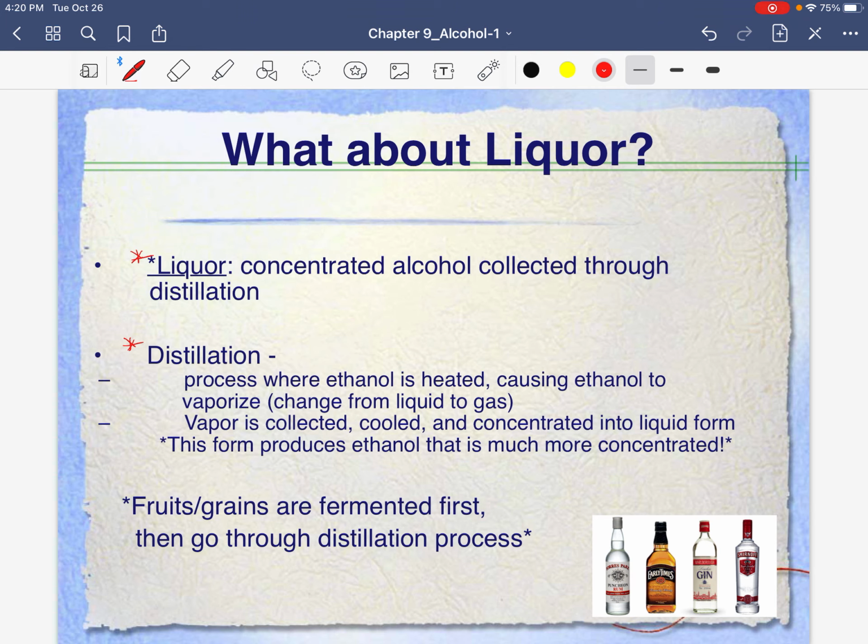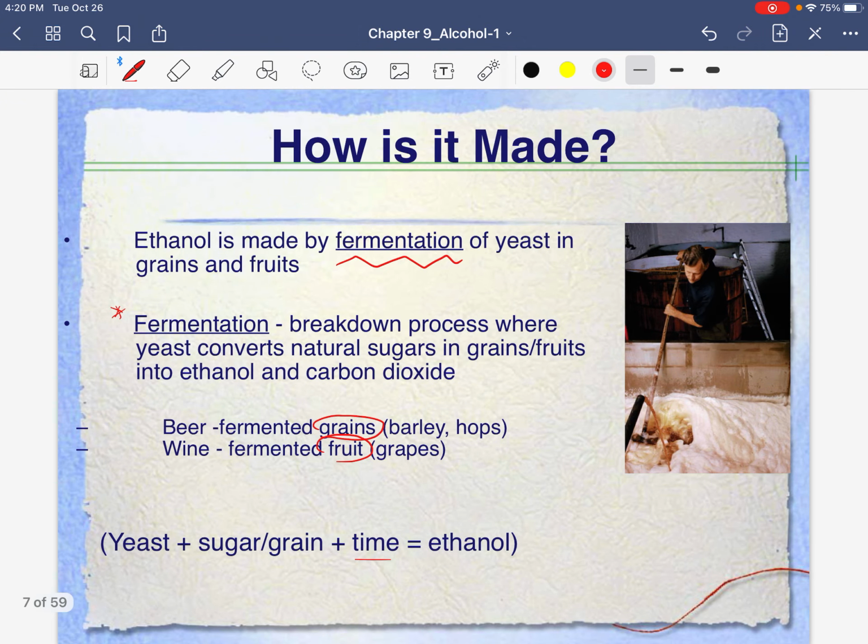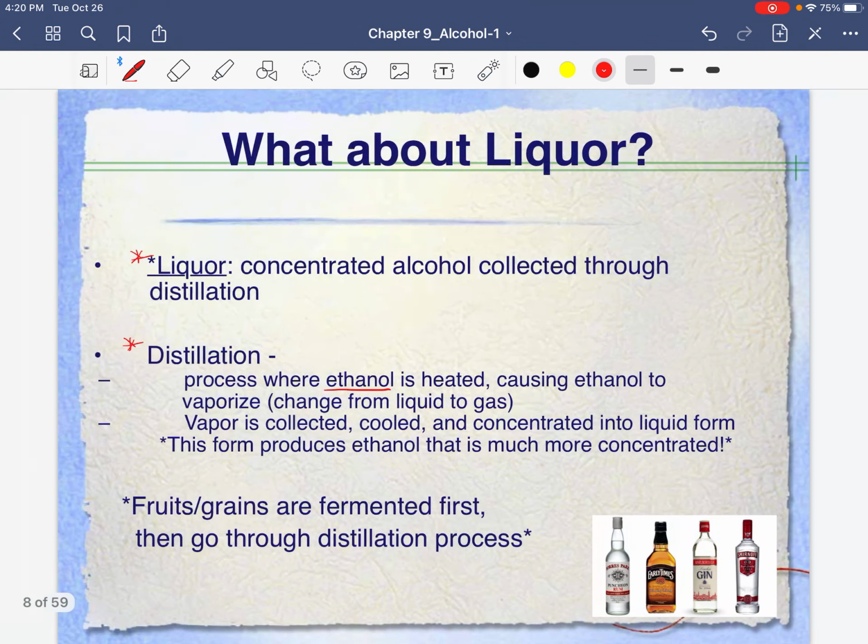In a distillation process, we heat the ethanol. So it had to go through the fermentation first to form the ethanol, but then we take that ethanol and we heat it. Basically it causes some to vaporize, change from liquid to gas and vaporize away, leaving what's left as much more concentrated.